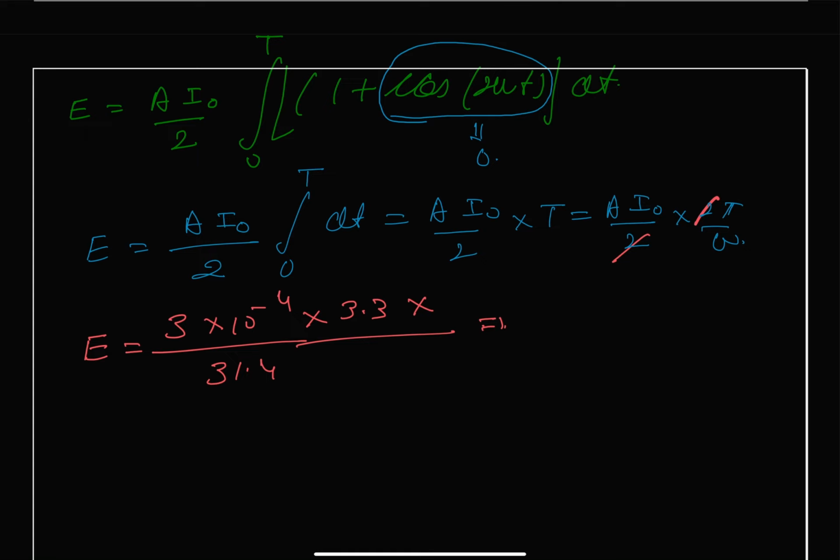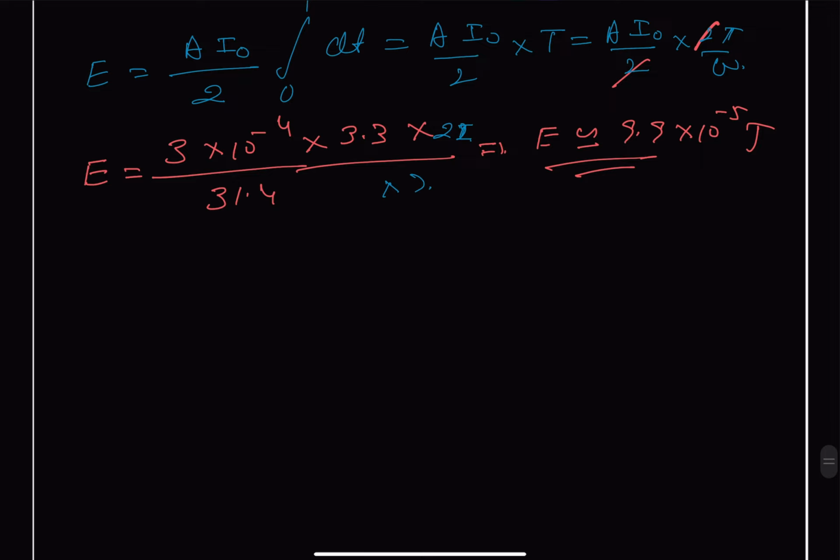Pi we can say is 22 by 7, and omega is given as 31.4. So we get our energy E approximately equal to 9.9 into 10 to the power minus 5 joules, and we can further approximate that E is approximately equal to 10 into 10 to the power minus 5 joules, approximately equal to 1 into 10 to the power minus 4 joules.